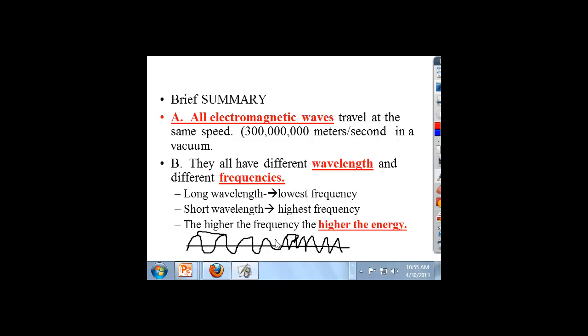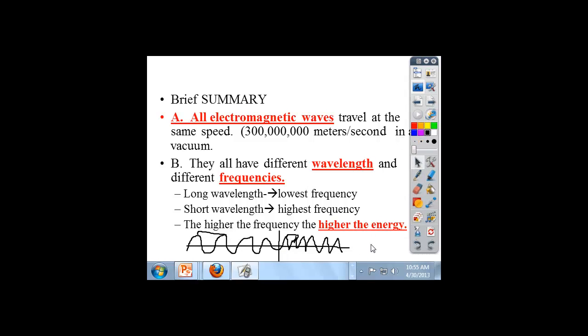When you look at the frequency of the longer wavelength, 1, 2, 3, 4 hertz. Shorter wavelength, 1, 2, 3, 4, 5, 6 hertz. So a shorter wavelength has a higher frequency, which means there's more of them, and it will have higher energy.